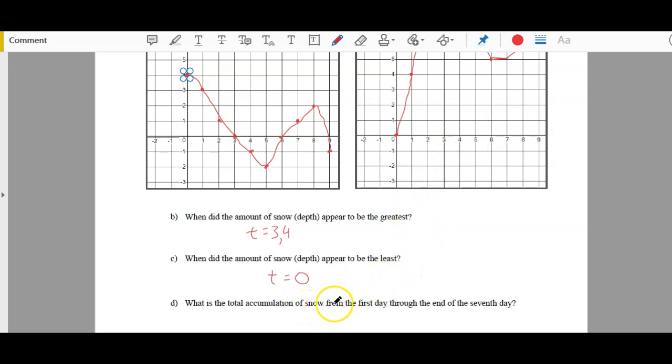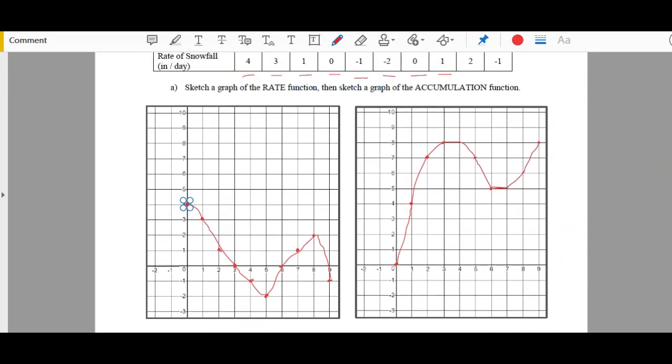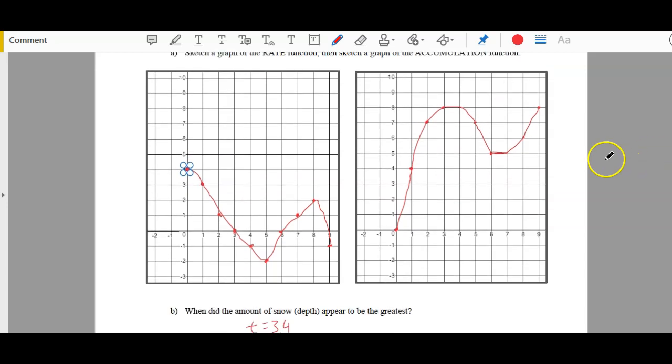What is the total accumulation of snow from the first day through the end of the 7th day? And actually, end of the 7th day. So we're going 1, 2, 3, 4, 5, 6, 7. Let's just say that's right there. The end of the 7th day will probably be right there at the beginning of the 8th.